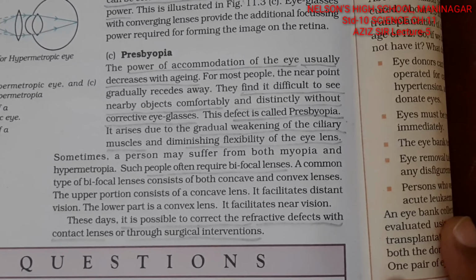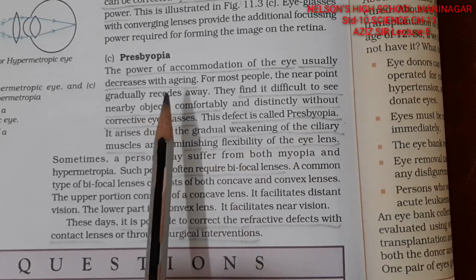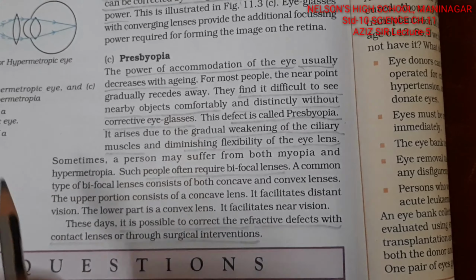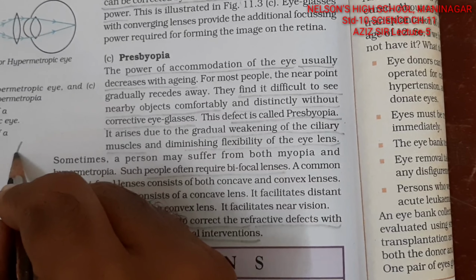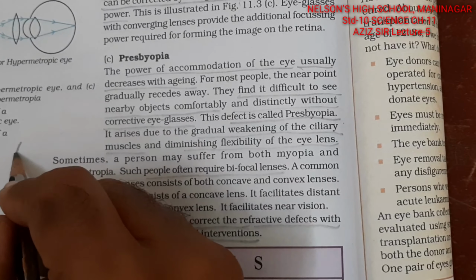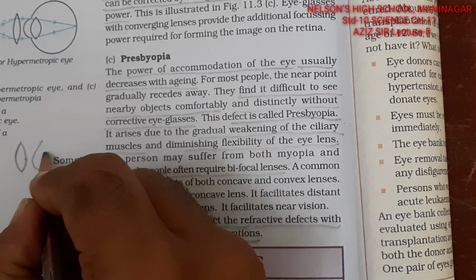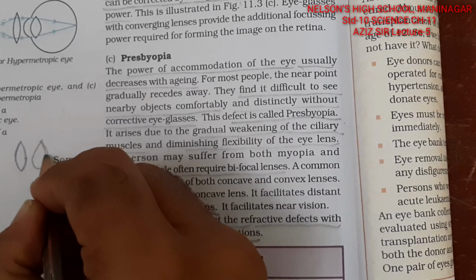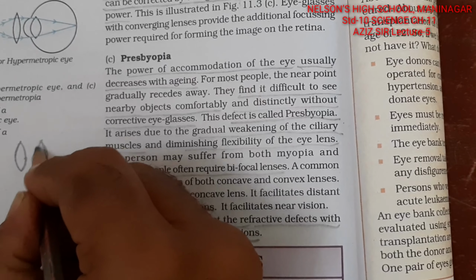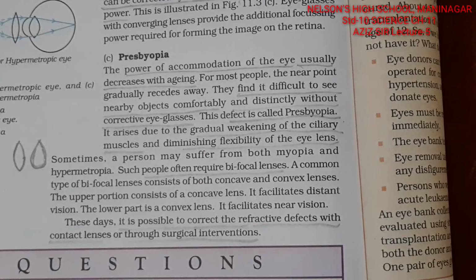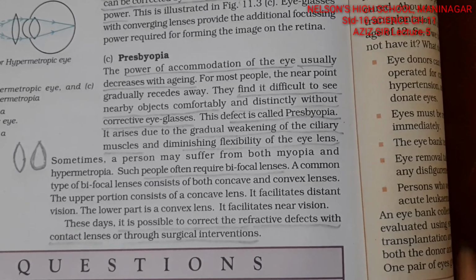The last one is presbyopia. Presbyopia happens due to aging. The proper lens should be like this, but in presbyopia the lens becomes like a drop and you are not able to keep your lens in the correct position.